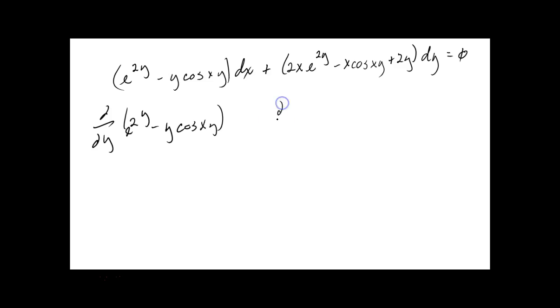And we're going to do the partial with respect to x of the right-hand one, which is 2x e to the 2y minus x cosine xy plus 2y. Then we're going to evaluate and see if they're the same. Right? Yes, sir. Okay. So do the partial of the left.